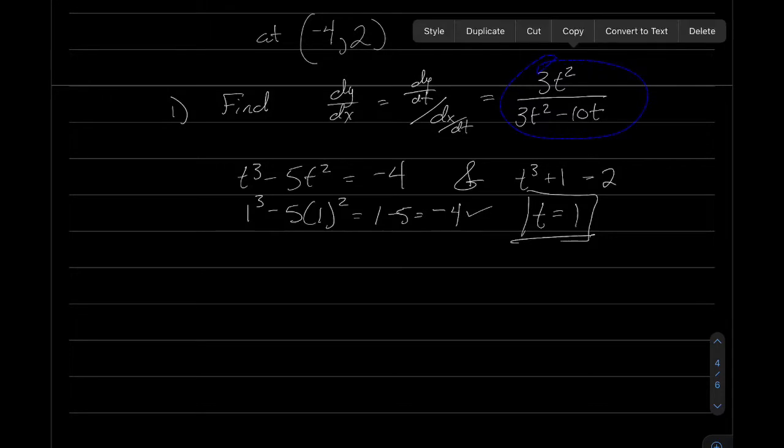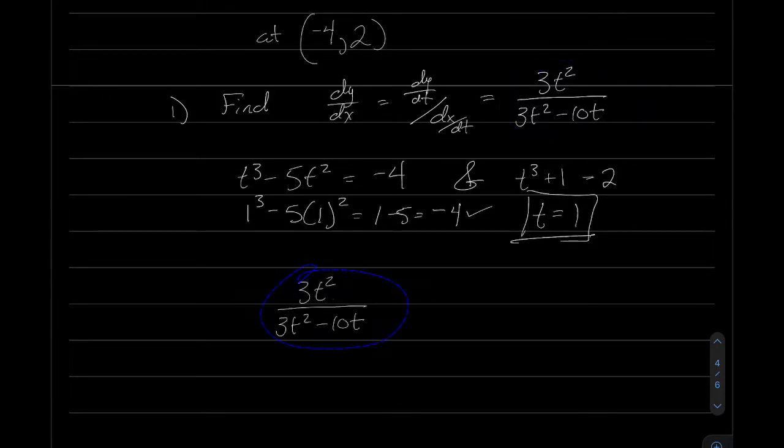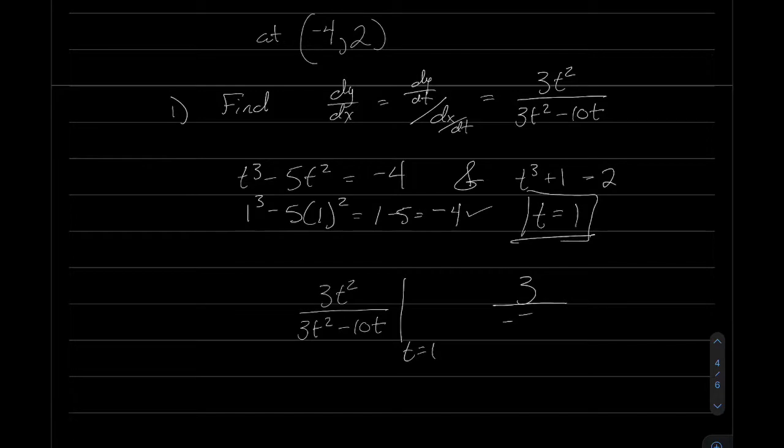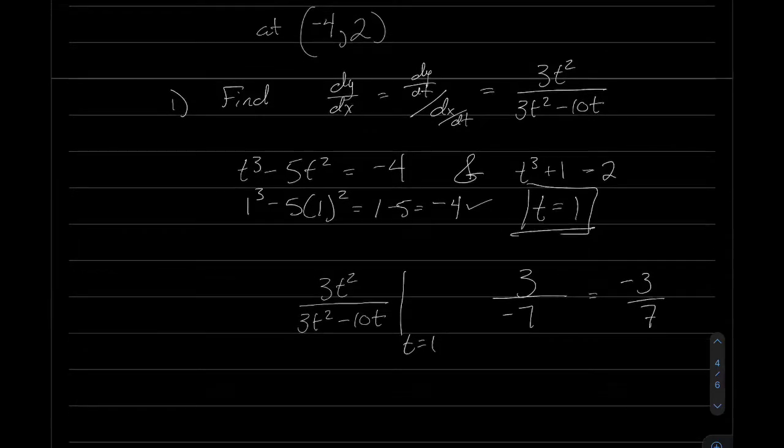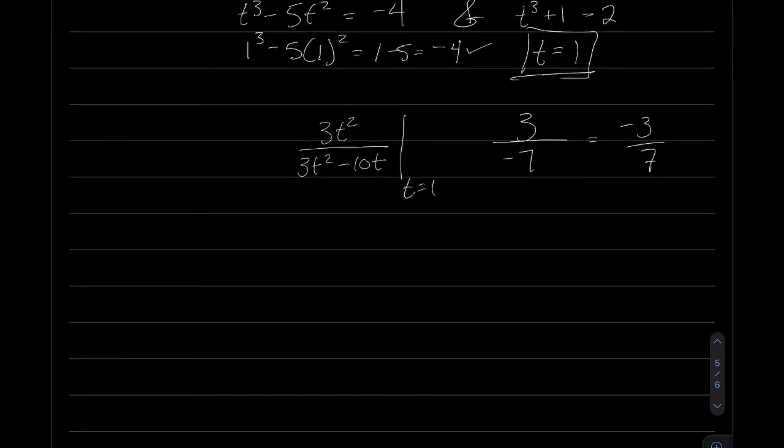So let's go ahead and take our derivative here and plug in t equals 1. And we're going to get 3 over -7, or -3/7. So now we have our slope. So m is equal to -3/7.